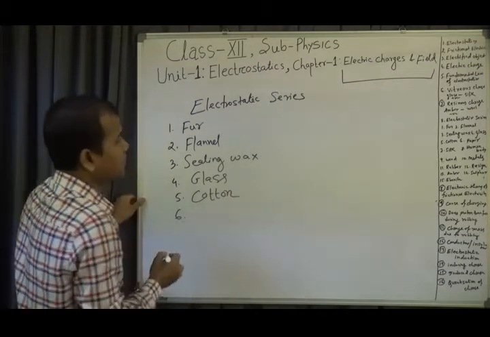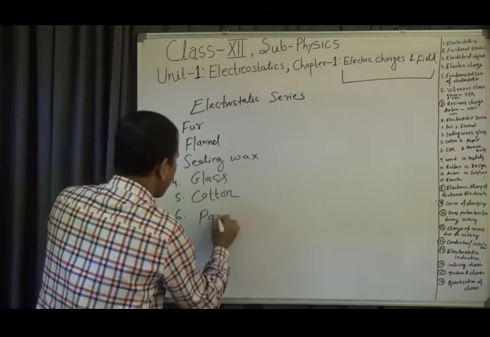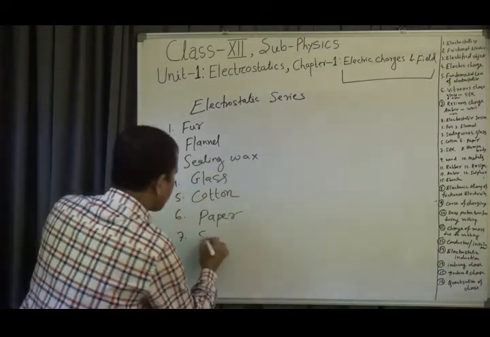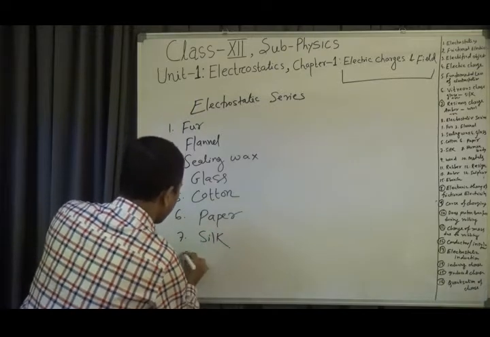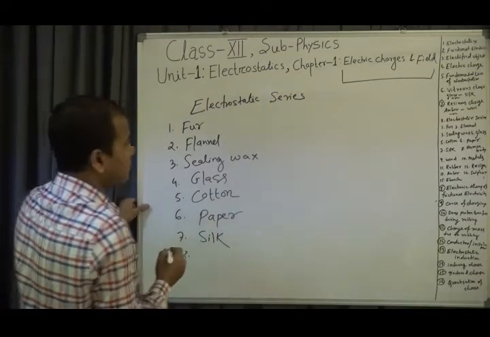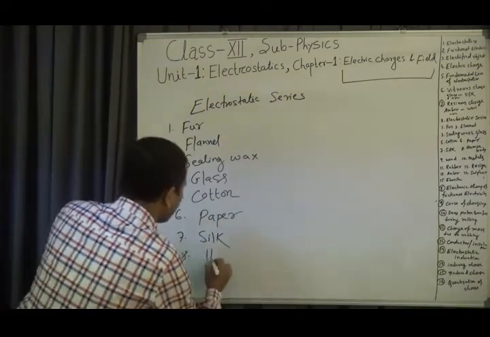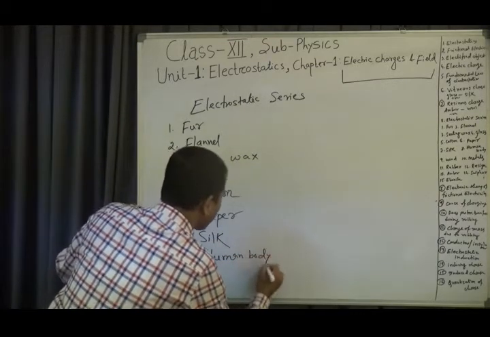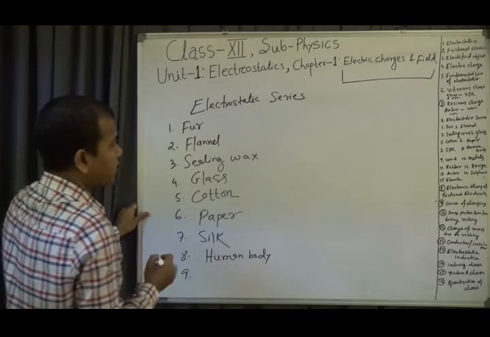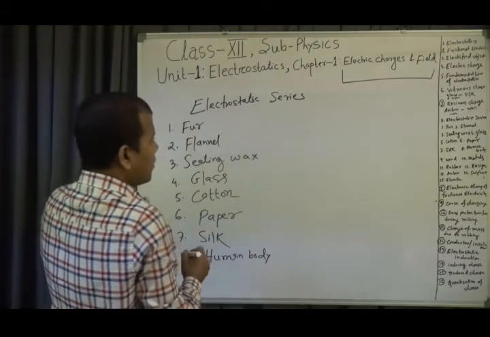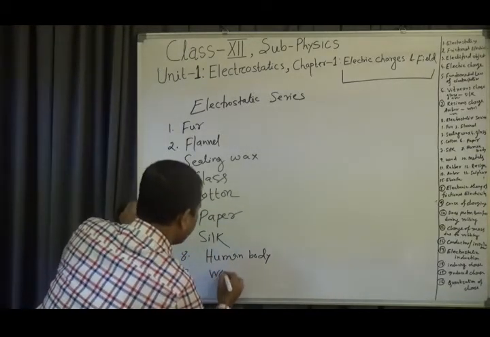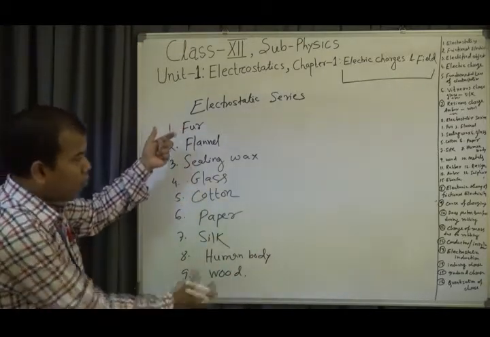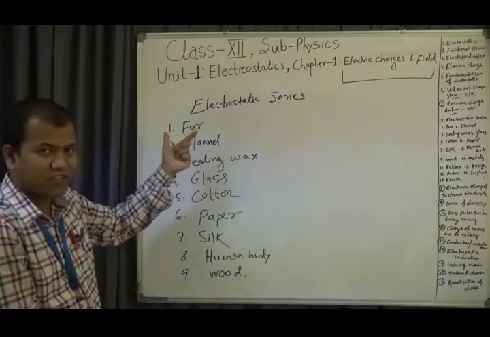Number 6, paper. Number 7, silk. Number 8, human body. Number 9, wood, and so on. More objects are there in the electrostatic series.